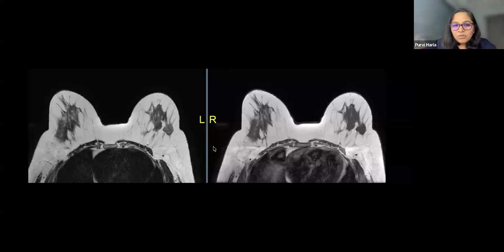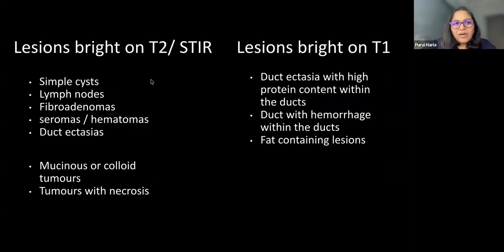Okay, so what lesions are bright on T2 or STIR? The lesions which are bright on T2 are also bright on STIR. STIR is fat saturated T2 weighted imaging.